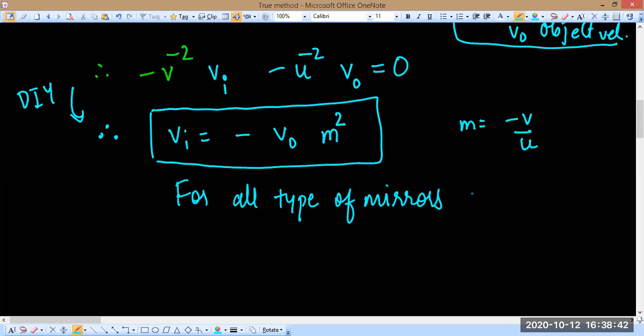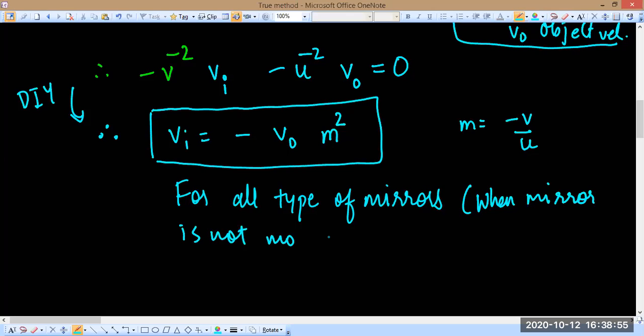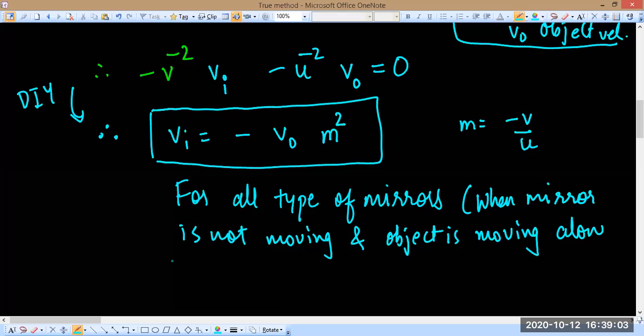Okay, and this is when mirror is not moving and object is moving along principal axis.